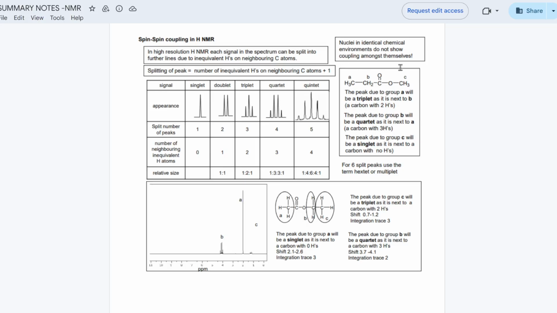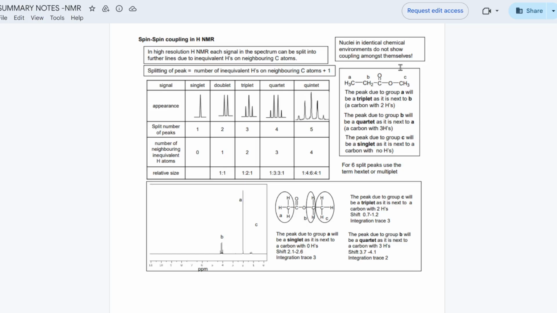Nuclei in identical chemical environments do not show coupling amongst themselves. The peak due to group A will be a triplet. That's a B. Yep. Peak due to group B will be a quartet. What's next to a carbon with 3 H's? Yep.